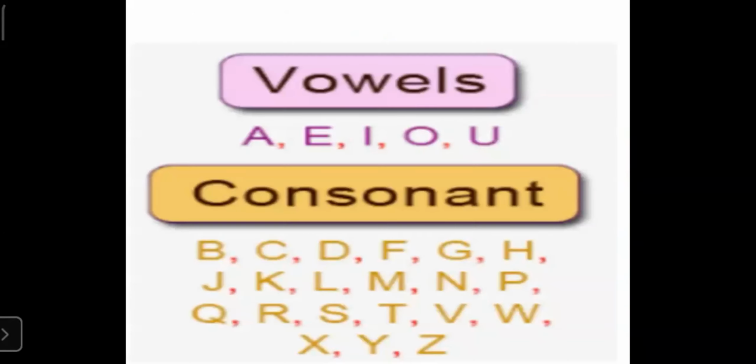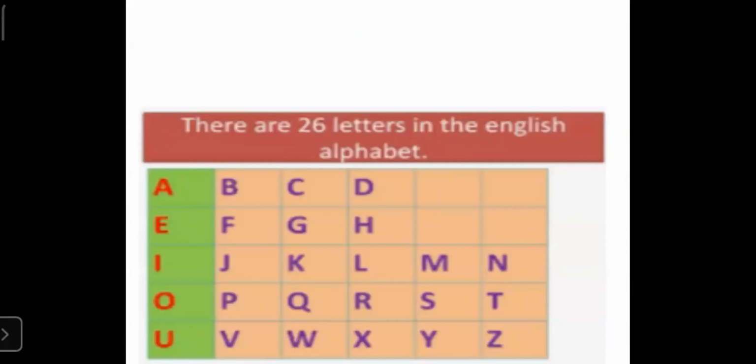About vowels and consonants, we have learned that the English alphabet has 26 letters. Out of that, 5 letters are called vowels, and the remaining 21 letters are called consonants.